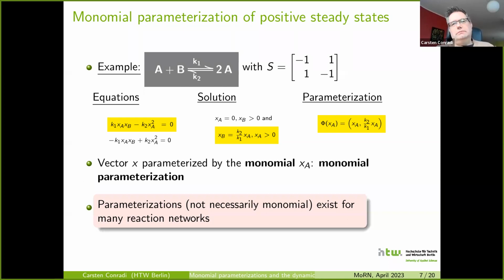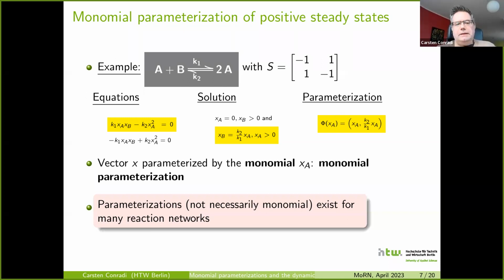And I'd like to mention that parameterizations exist for many reaction networks, and they need not be monomial, but the ones that I have been most interested in were those monomial parameterizations.